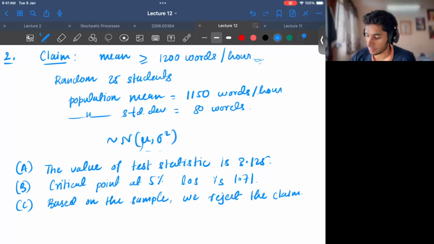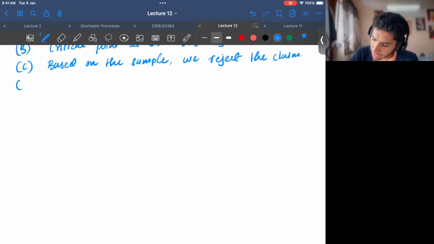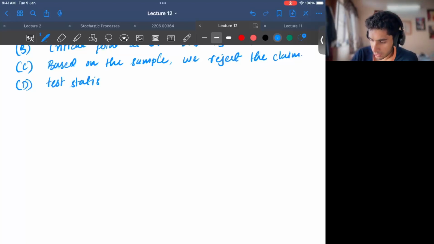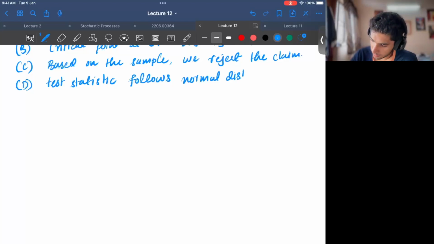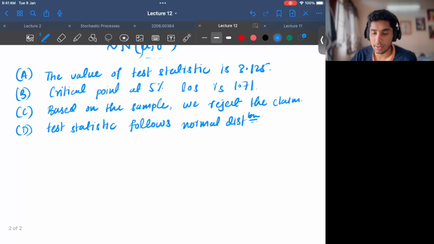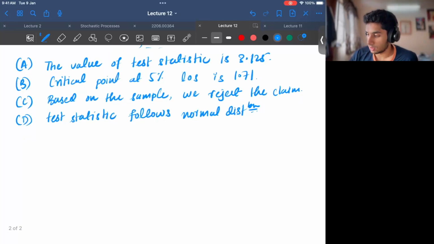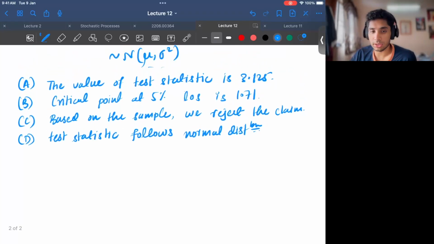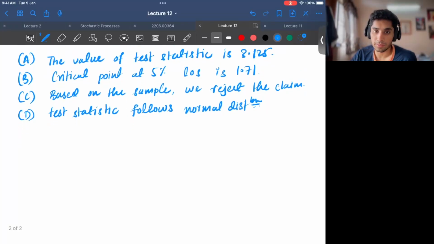And option D is the test statistic follows normal distribution. This is the fourth thing. Okay, so these are the statements. We have to verify which of these are correct.